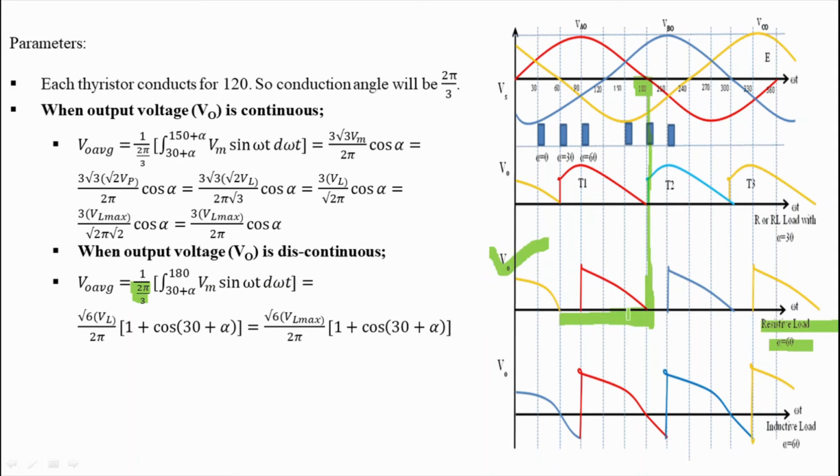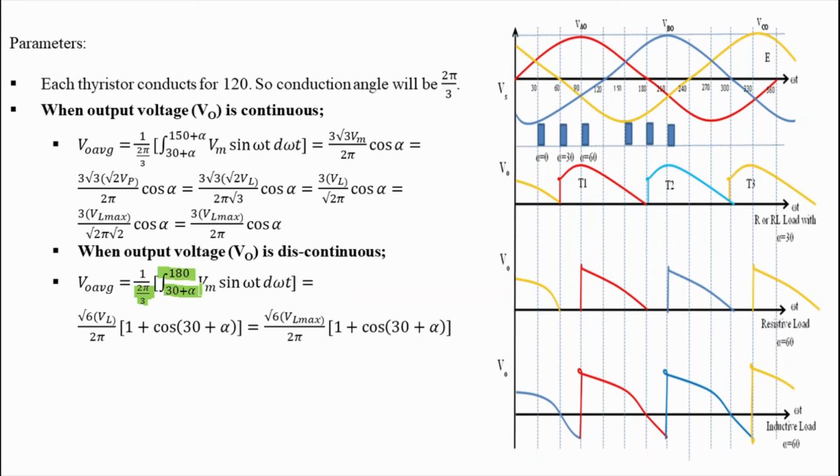So to find the average output voltage in discontinuous conduction mode, what we have to do? We have to write V0 average is equal to 1 upon T. T is the time period, and what is the time period? That is 120 degree or 2 pi by 3. And we have to integrate from 30 plus alpha to 180 degree. What is the equation of the waveform from 30 plus alpha to 180 degree?